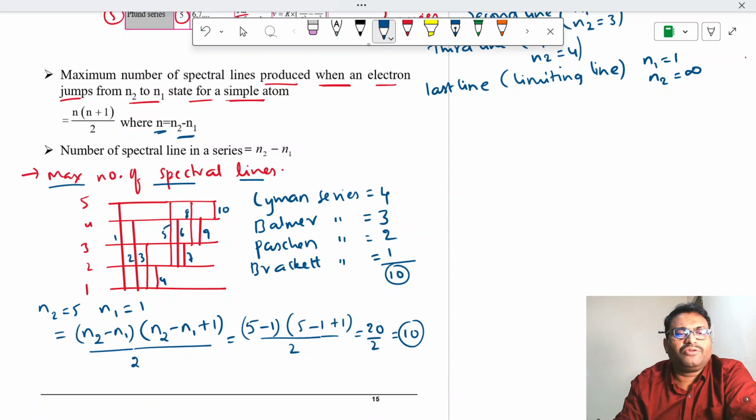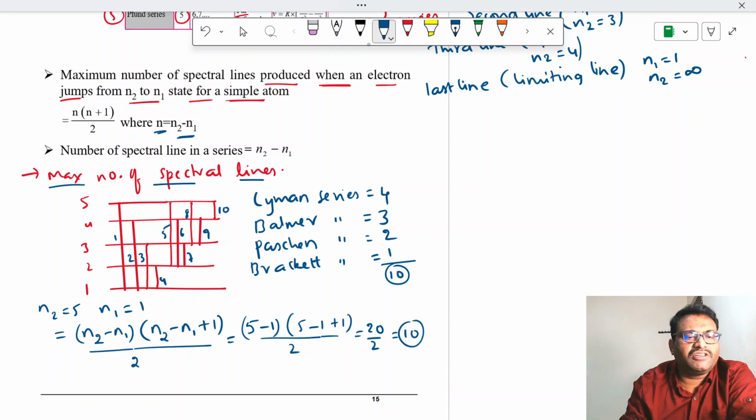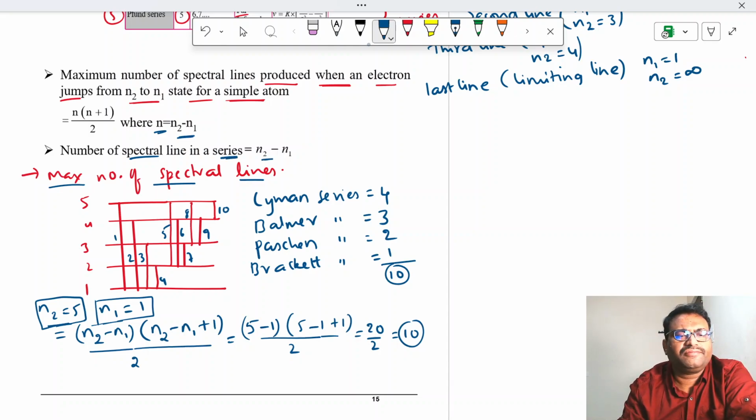That is how we calculate the number of spectral lines produced when the electron de-excites from a higher energy level to a lower energy level. These energy levels will be given in the examination. Next, the number of spectral lines in a particular series is given by n2 minus n1.